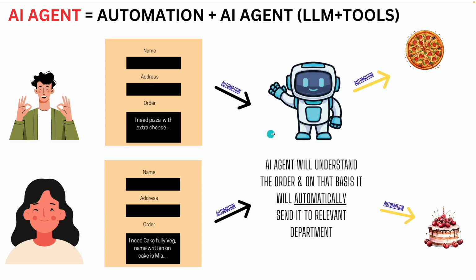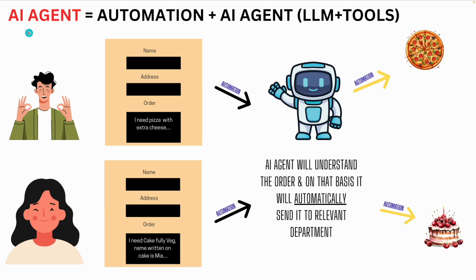But in the case of AI, it can work 24 by 7, and it doesn't need any salary. In a very affordable, very cheap way, it can do the complete tasks for you. It can receive the orders through automation, and automatically with its brain it will understand them, and on that basis it will automatically send them through automation to the particular department.